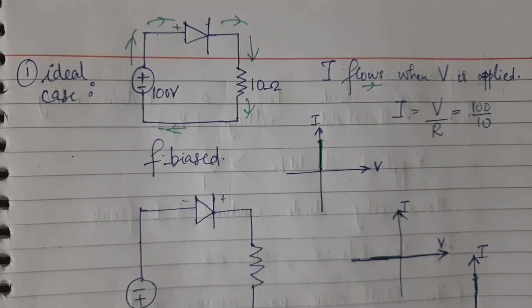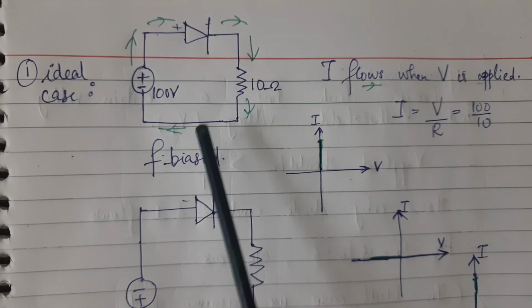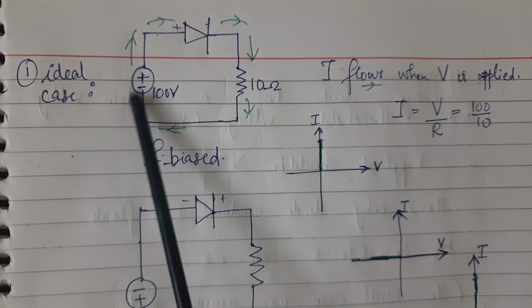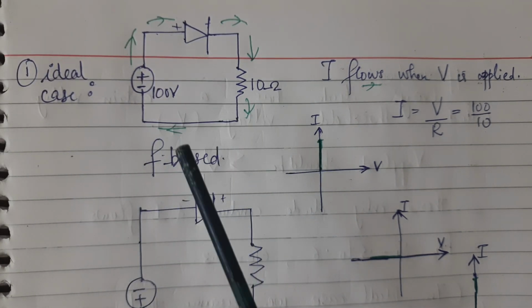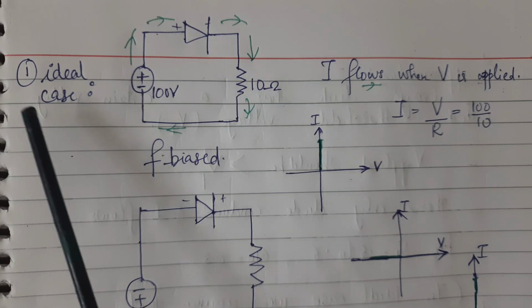So a current will flow, you can see the green color. Even if I apply a small amount of voltage, the current will flow. In the ideal case, even if it is 0.1 or 0.001, whatever minimum value we apply, the current will be flowing. This is what we assume in the ideal case.